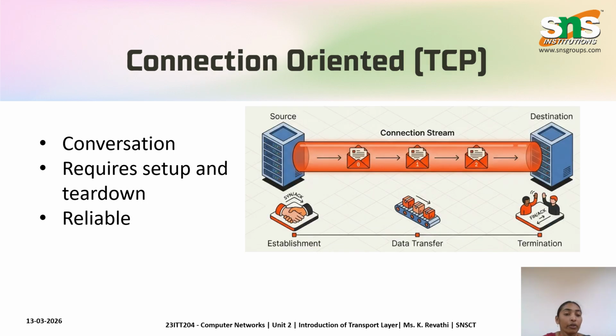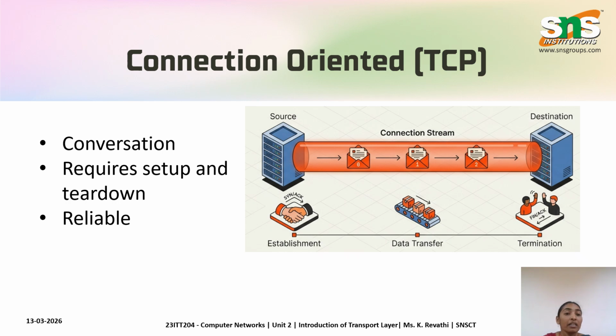The next protocol used in the transport layer is transmission control protocol. It is a connection oriented protocol. Before sending data to the receiver, we have to establish a connection setup process. It also has special features like reliable communication, error detection and correction, flow control, and congestion control.